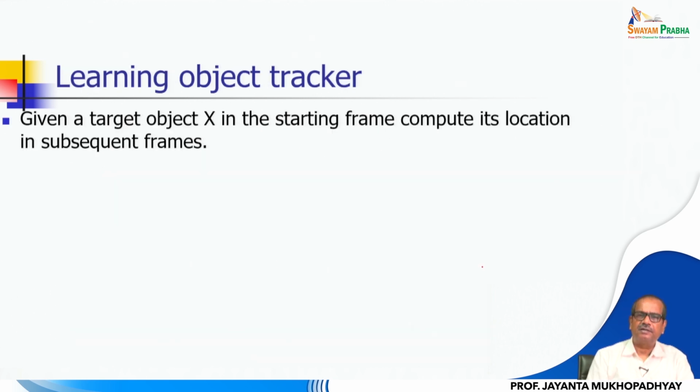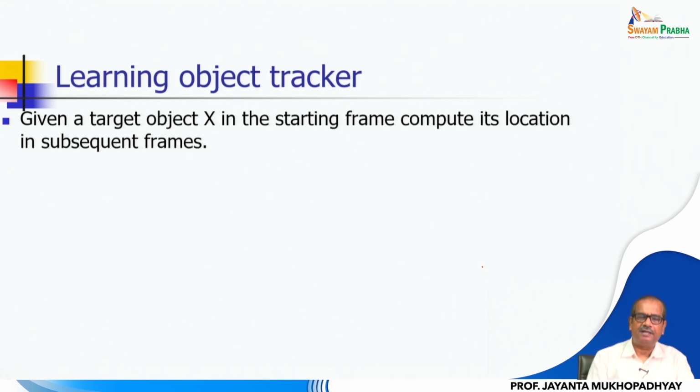The last part of this topic that I'm going to discuss is another kind of task, very characteristic of video analysis, again object tracking. Even the object tracker can be learned under this kind of framework.